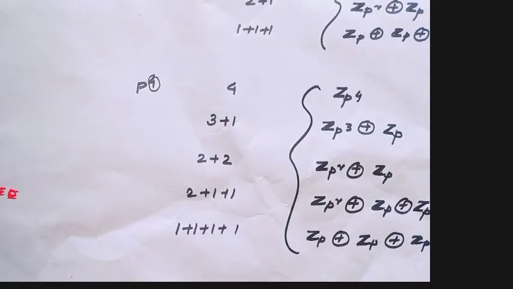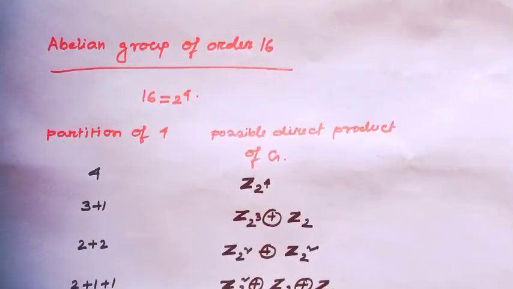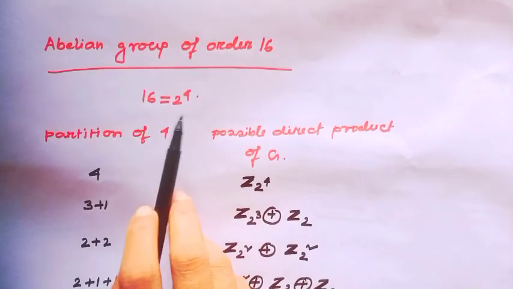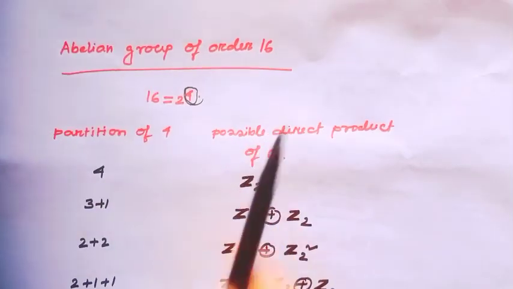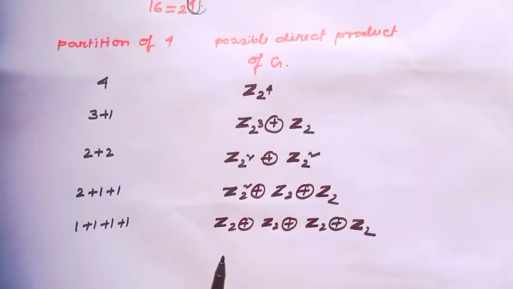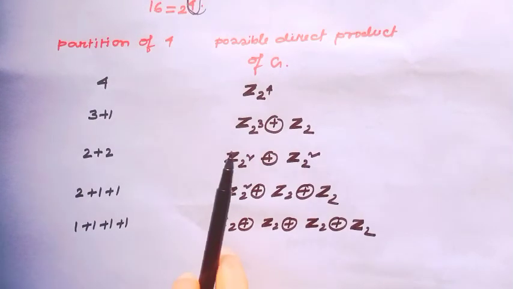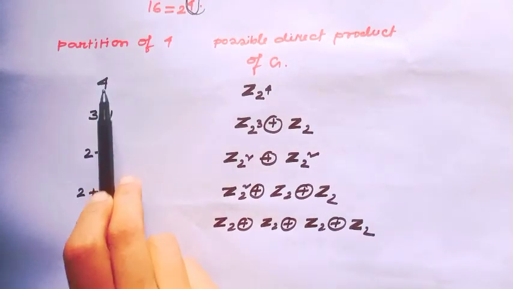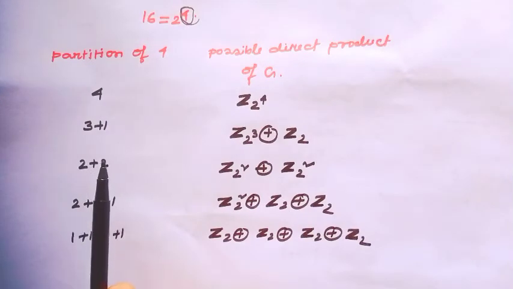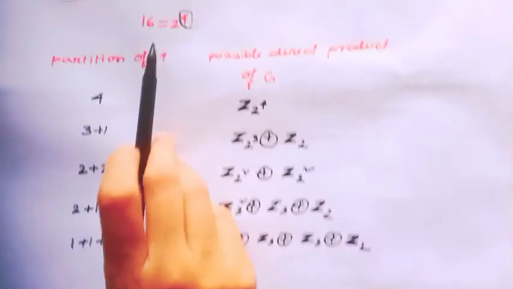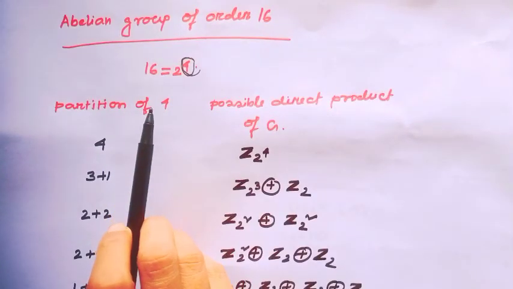Okay? Well, now let's see the abelian group of order 16. 16 equals 2 to the power 4. Here p equals 2 and here k equals 4. So there exist 1, 2, 3, 4, 5, 5 different ways of partition to make the group of order 16.